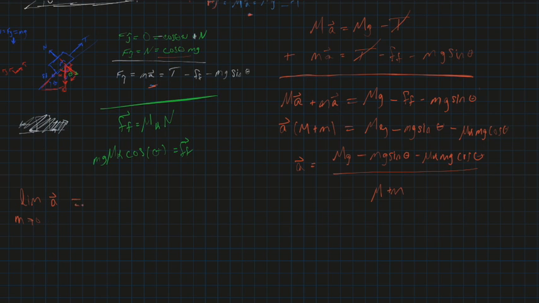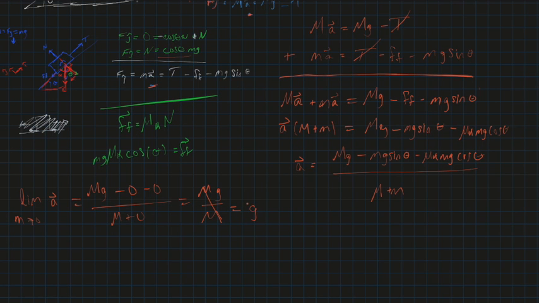So we're going to get Mg, and well, mass is 0, so this whole thing goes to 0. This whole thing is going to get a minus 0 minus 0, because a number times 0 is 0. And then we're going to get M plus 0, which is equal to Mg over M. The M's cancel out. You get g.